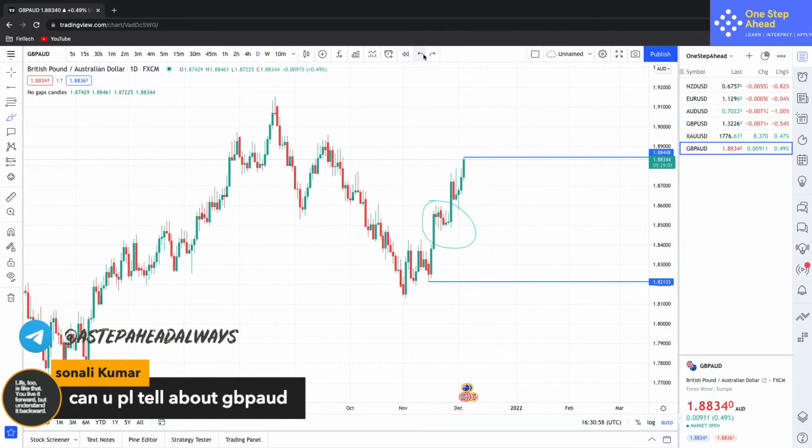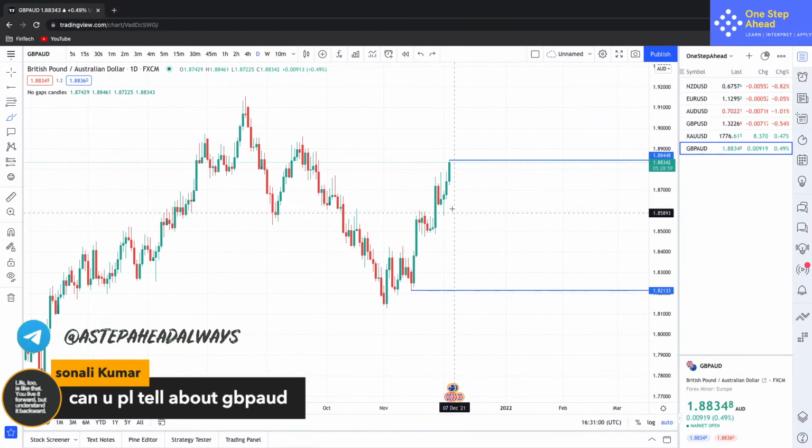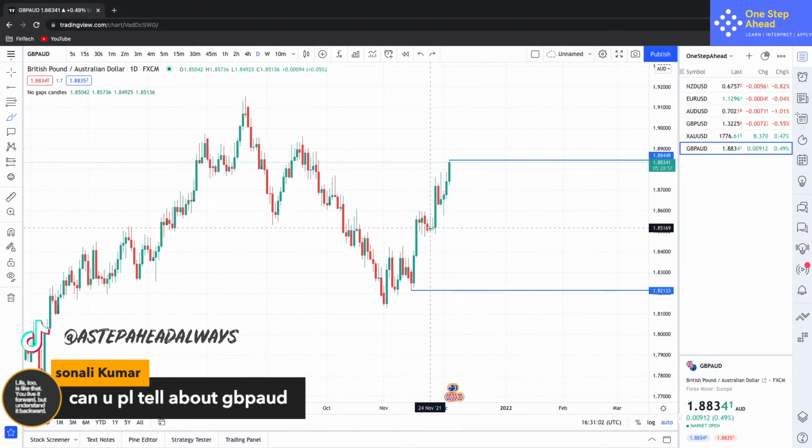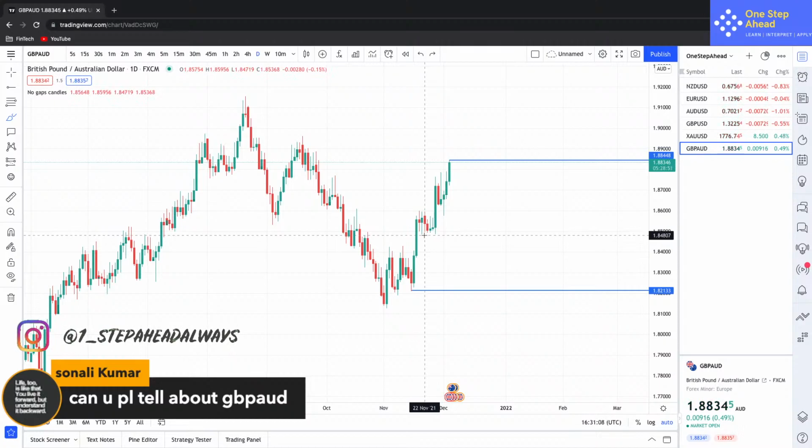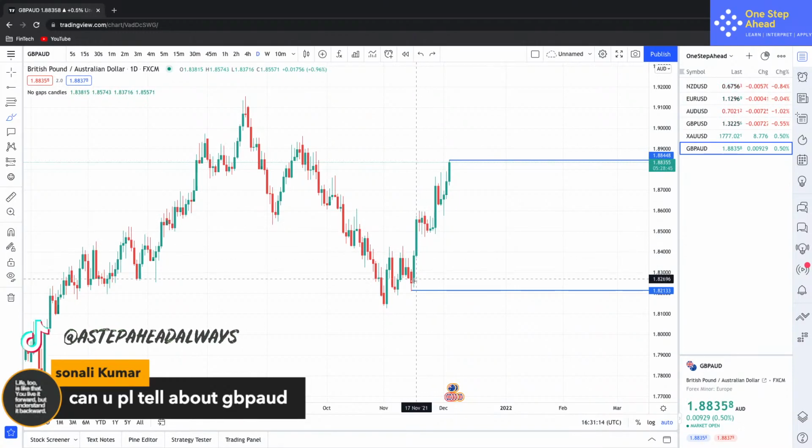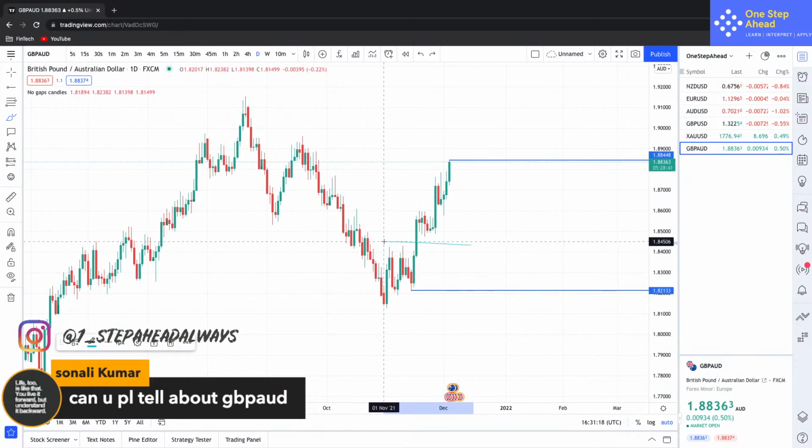Simply because if you want to come down, you want to see the lowest point, which is the wick, be broken by the body of the next candle. This is not happening here, but it happened here. That's why it's a low. So we are in this range now.